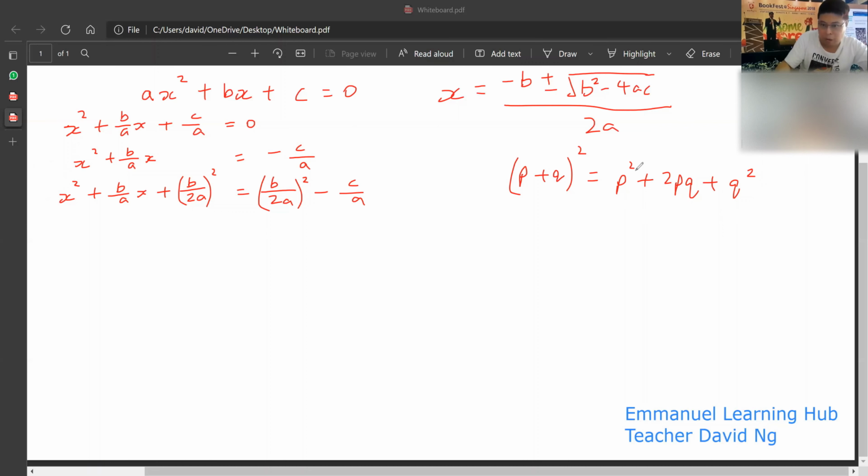So X squared is my P square. 2PQ is my B over A times X. So if my P square is my X square, that means my P is my X. Agree? If P is my X, 2Q is B over A. Am I right? If 2Q is B over A, Q would be B over 2A.